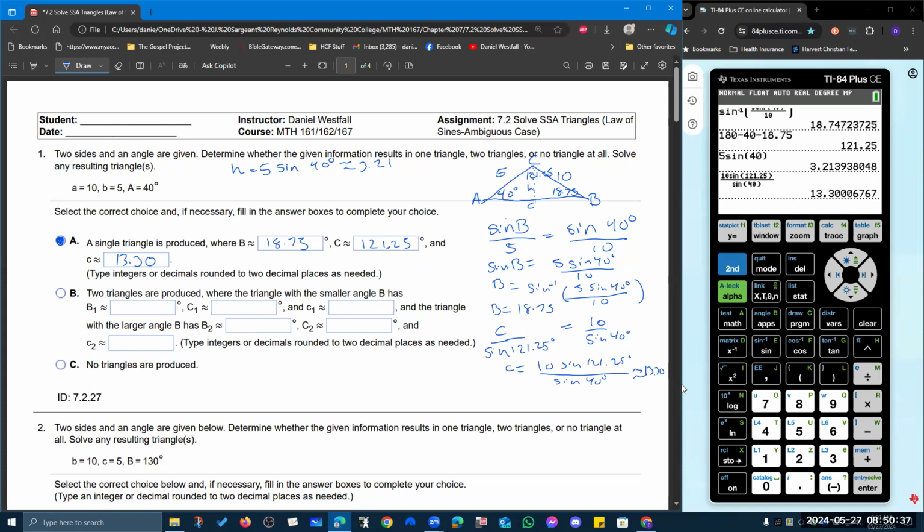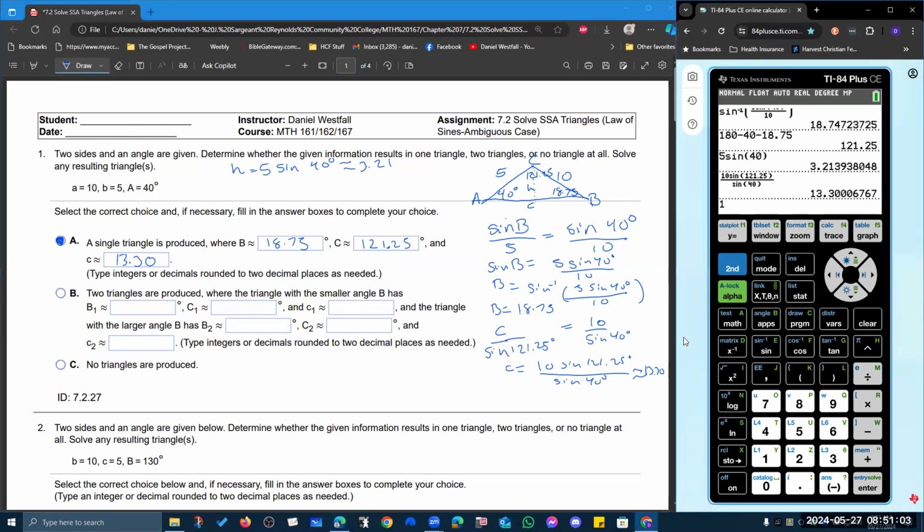Now, method 2, and I'm probably going to use this one a little bit more because this is what more of the teachers like to use, says that if there's a second triangle here, we're going to have to find another angle with the same sine value, meaning it's going to be 180 degrees minus that angle measurement.